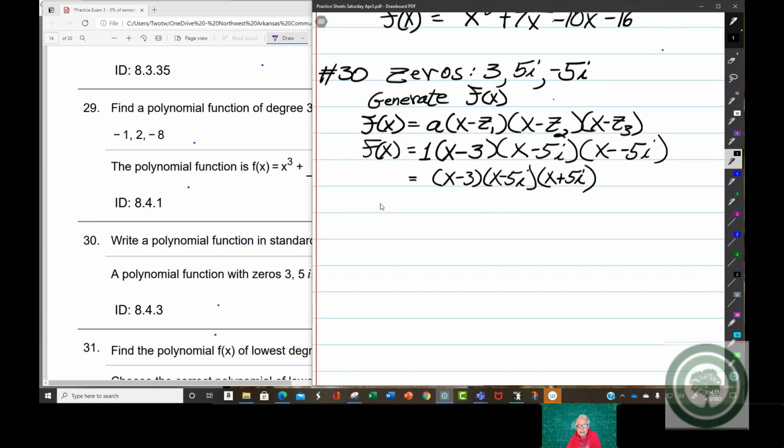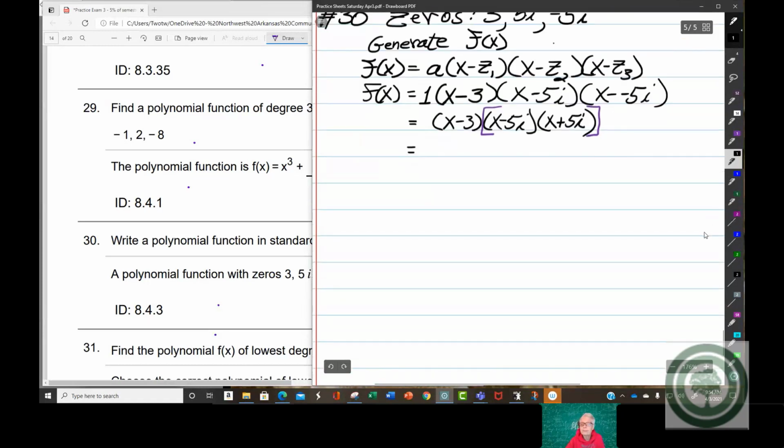And I'm going to do just what I did before. I am going to multiply these two together first. You don't have to, but in this case, it will be easier if you do it. Trust me. Because you see these, they're conjugates. We're going to get a very nice answer.